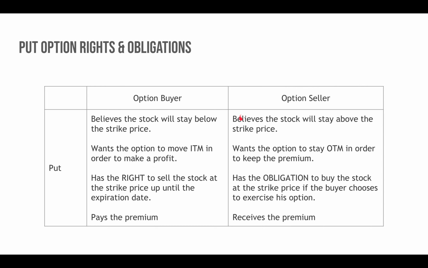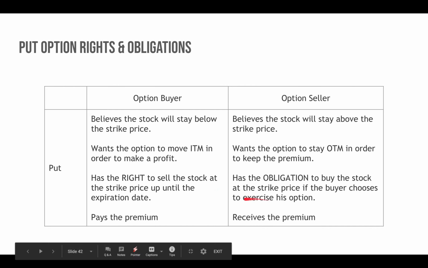The option seller, on the other hand, believes that the stock will stay above the strike price and you want the option to fail. You want it to stay out of the money in order to keep the premium because you as a seller want it to expire worthless. The option buyer pays the premium and the option seller receives the premium. Those are the important points.